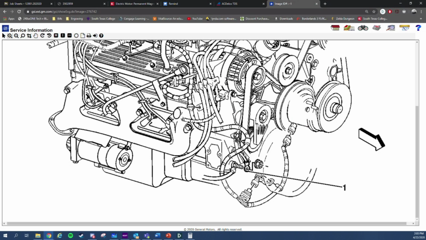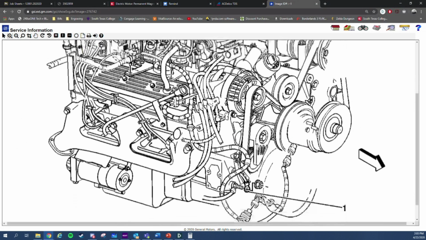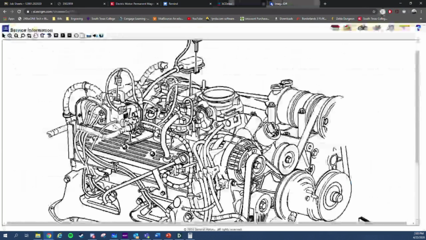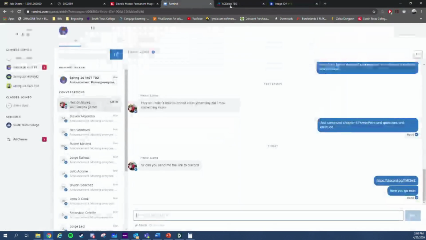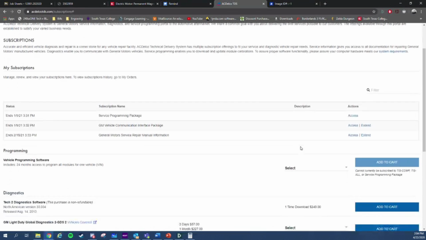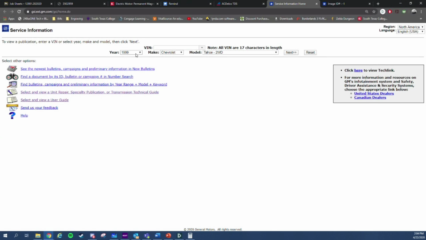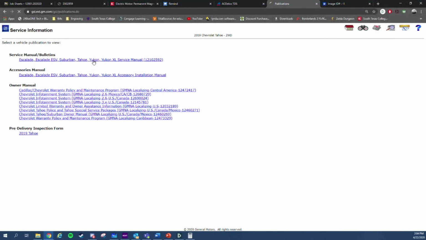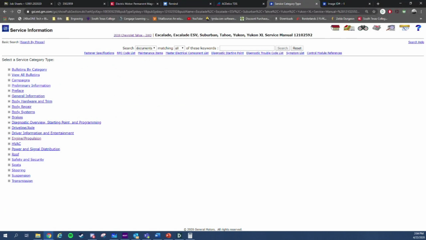Was Steven able to send us a picture? We'll wait on that picture. Let me just show something really quick. There he is. Were you able to get a picture, Steven? I said I don't have access to some stuff.